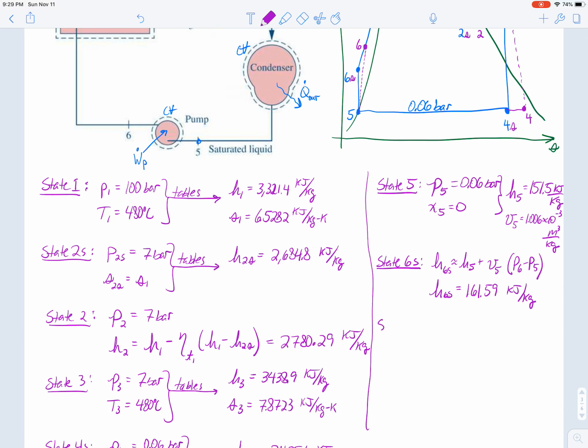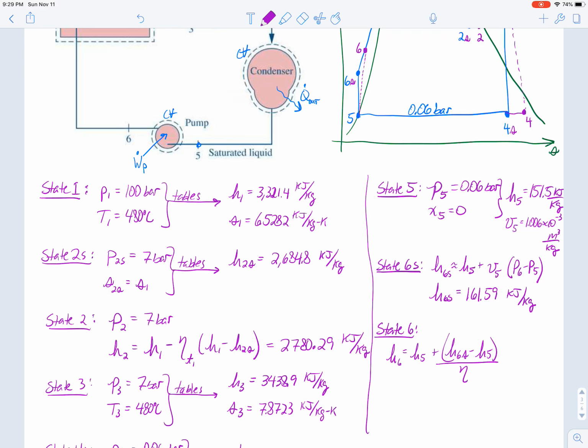Okay, and then finally for state 6, I can use the definition of the isentropic efficiency for a pump and find that the enthalpy at state 6 is equal to the enthalpy at state 5 plus, now note the slightly different structure because the isentropic efficiency of a pump is flipped from that of a turbine.